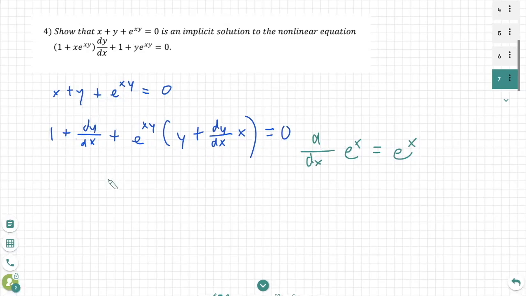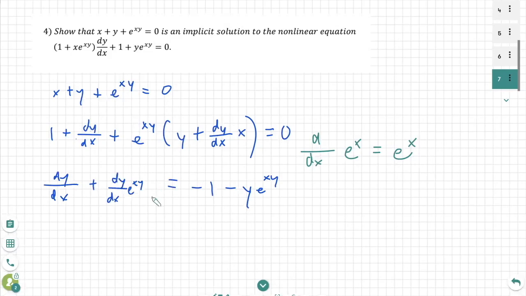We add or subtract 1 from both sides. Okay, what else can we do? We subtract y times e to the xy. And what would that leave you? dy dx plus dy dx times x times e to the xy.